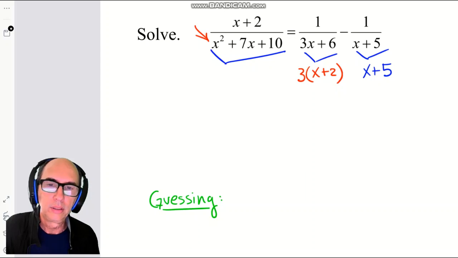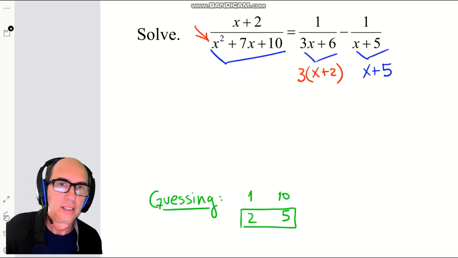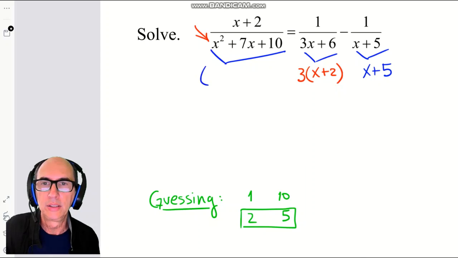So 10 can be 1 times 10, or 2 times 5. And yes, I think we have something here, right? 2 times 5 is 10, 2 plus 5 is 7. That is our answer. So x plus 2 times x plus 5.